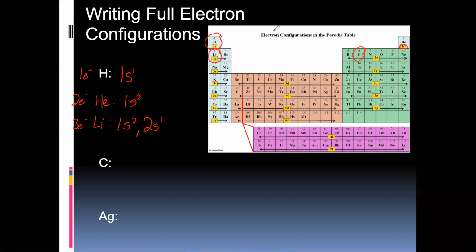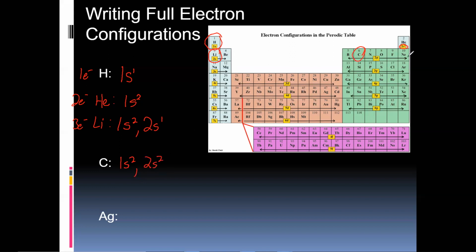Carbon, if you count over 1, 2, 3, 4, 5, 6, there's 6 electrons, all in those respective energy levels and with those respective orbitals. So you have to include that 1s2 to summarize your first row. You have to include 2s2 because there's 2 total electrons in the 2s orbital.